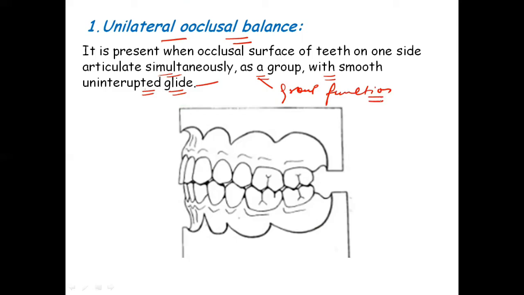In this type of occlusion, we can see that on one side the teeth occlude simultaneously with a smooth, uninterrupted glide. This is not followed during complete denture construction. You can mainly see it in fixed partial dentures.